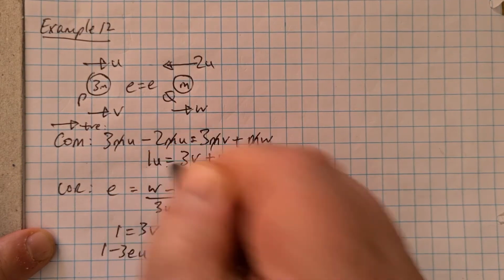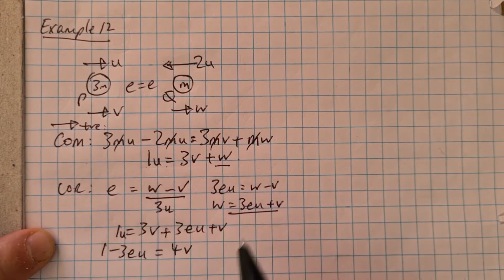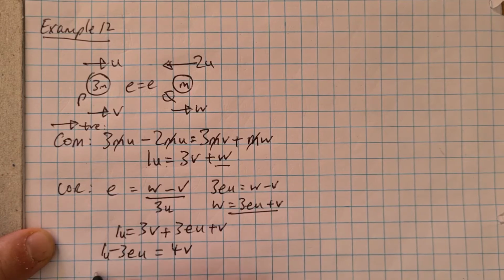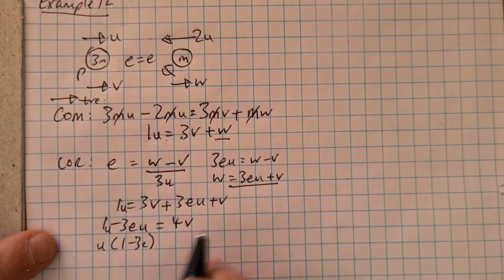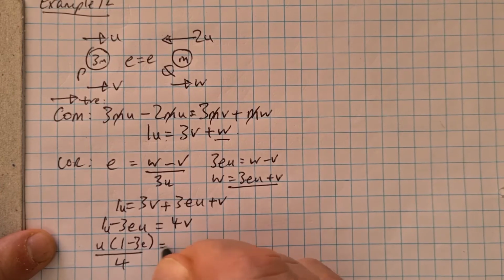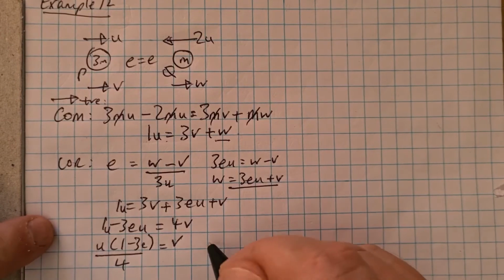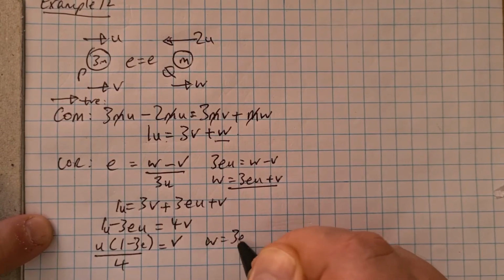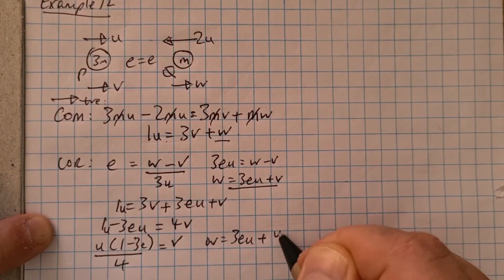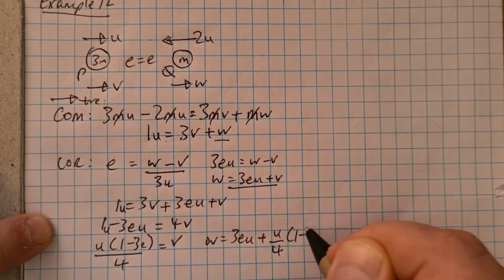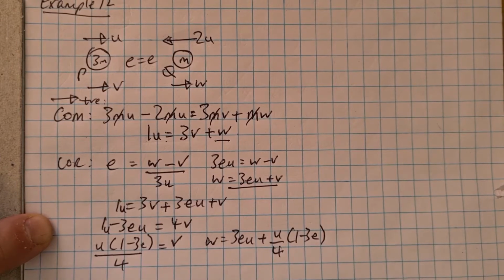And I've just realised that the 1 has always been 1u. So if I take out my u, I end up with 1 minus 3e, all divided by 4, equals v. And we know that w equals 3eu plus v, which is 3eu plus u over 4 multiplied by 1 minus 3e.